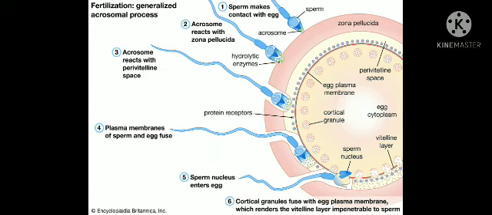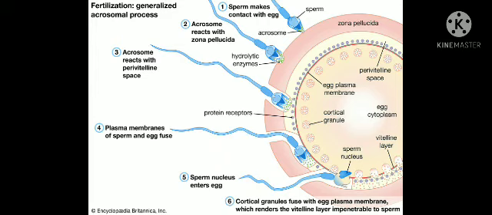It occurs in the presence of viscous fluid secreted by the secretory cells of the oviductal epithelial lining. Some of the secretions secreted by the oviduct ensure the process of capacitation in the human sperm.